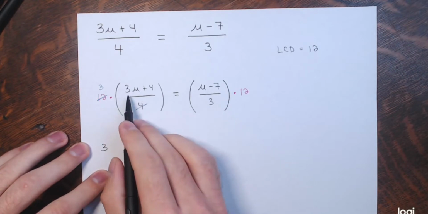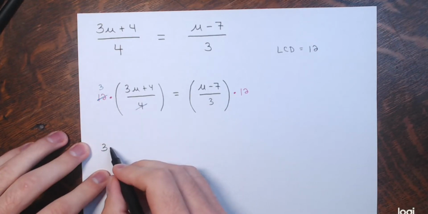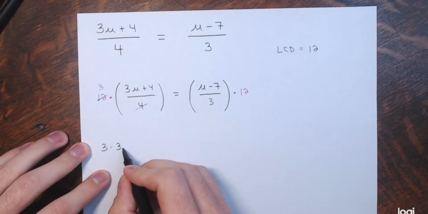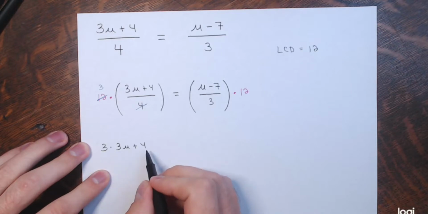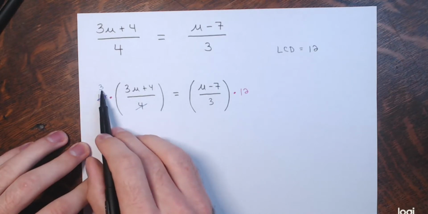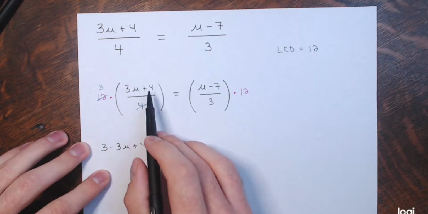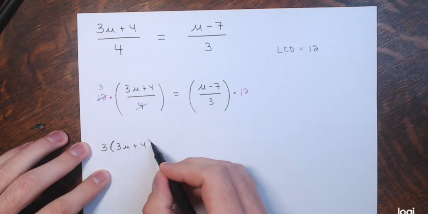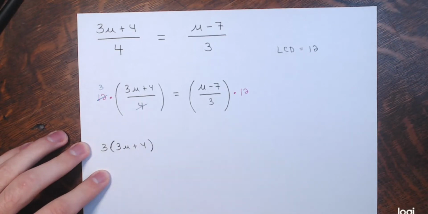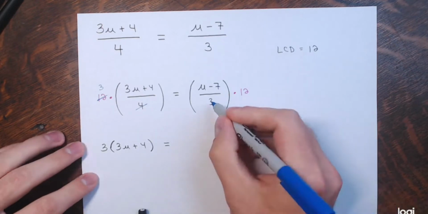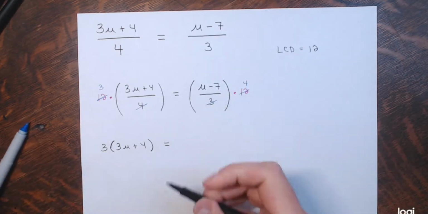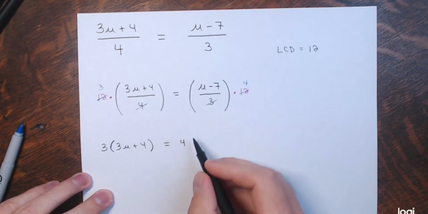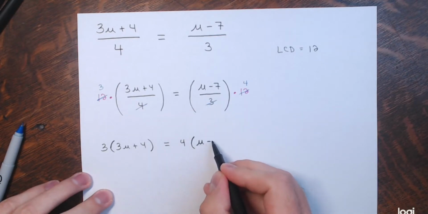Now be careful. Don't write 3 times and then write 3u plus 4, because too often people confuse this and say just 9u plus 4. This 3 that's left over is multiplied by the entire numerator: 3 times the quantity 3u plus 4. Equals, and then on the right side, 3 goes into 12 4 times, so I have 4 left over times, again, the entire numerator, the quantity u minus 7.